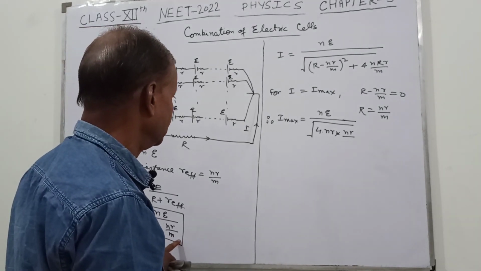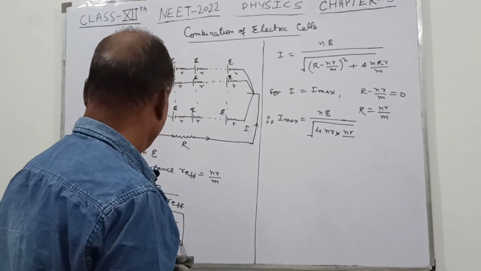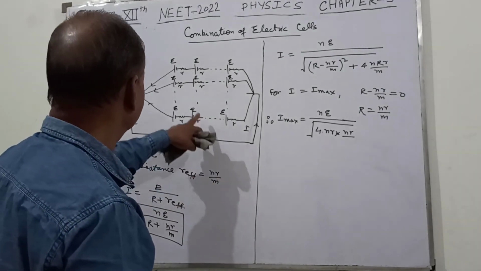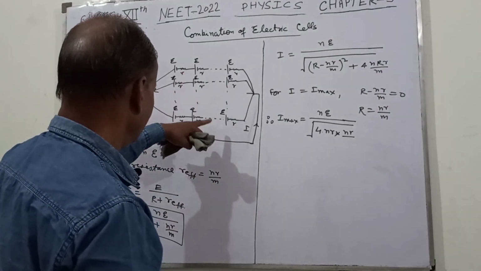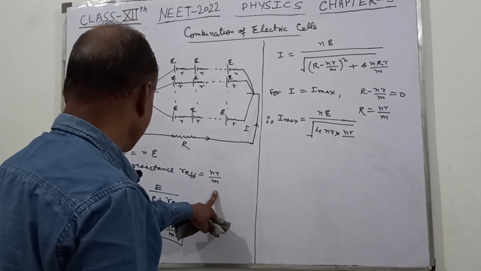Just a moment. nr, then this one upon nr, so m upon nr. So nr upon m. This is now R effective.